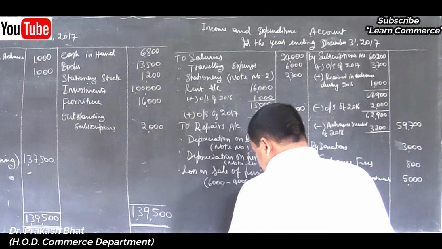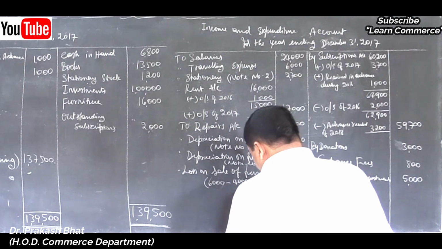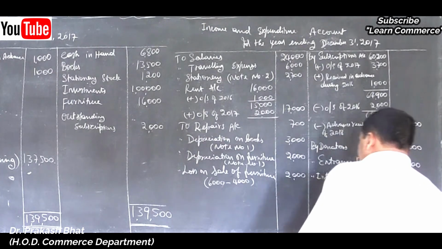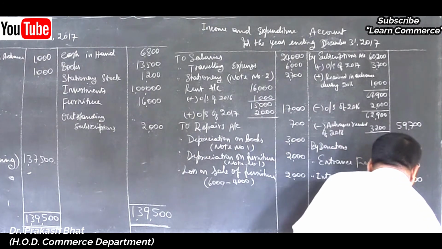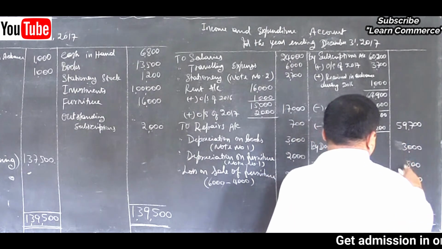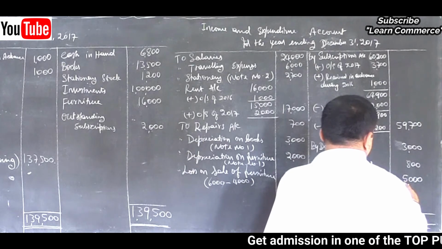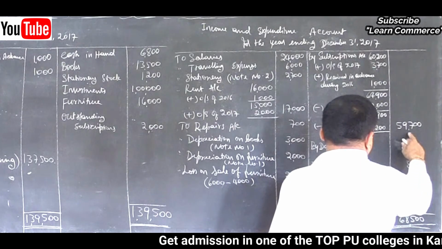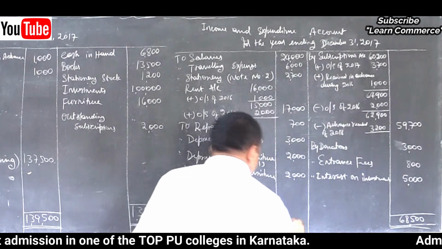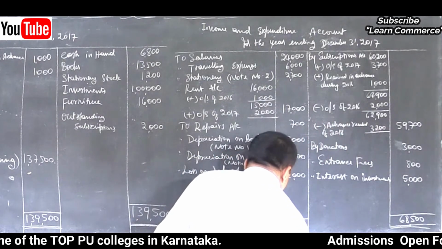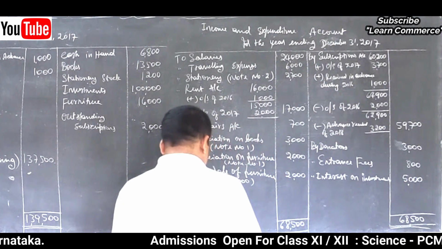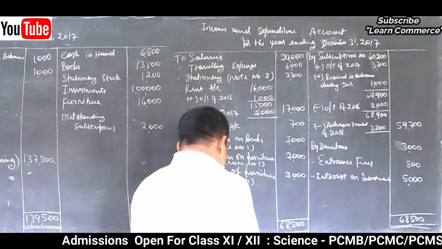That's all. Close it, find out the difference. 68,500 is the credit side total. It is greater. Write the same total, 68,500, on the other side. Find out the difference. Difference is 11,100.